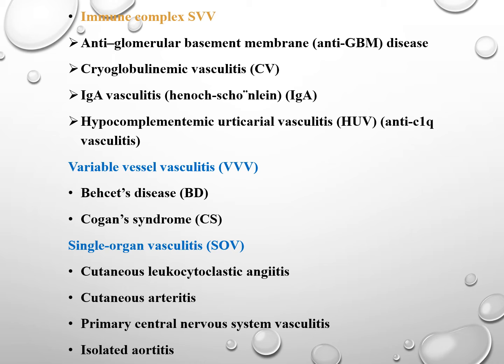Another group is single organ vasculitis, which is related to affection of one organ only, like cutaneous leukocytoclastic vasculitis, isolated aortitis, cutaneous arteritis, which mimics isolated PAN, and primary central nervous system vasculitis.